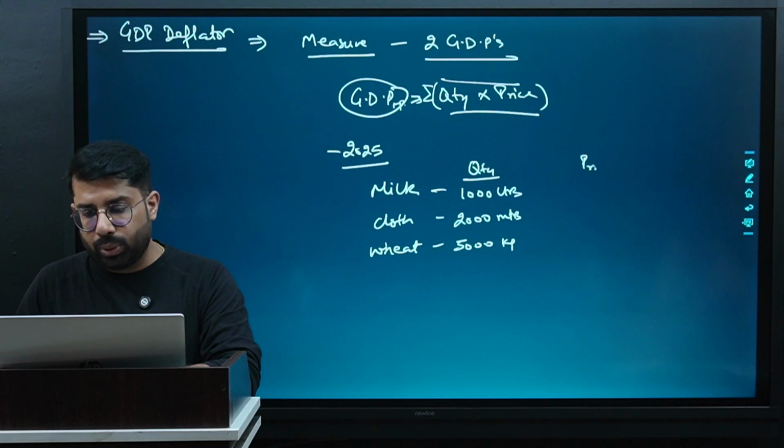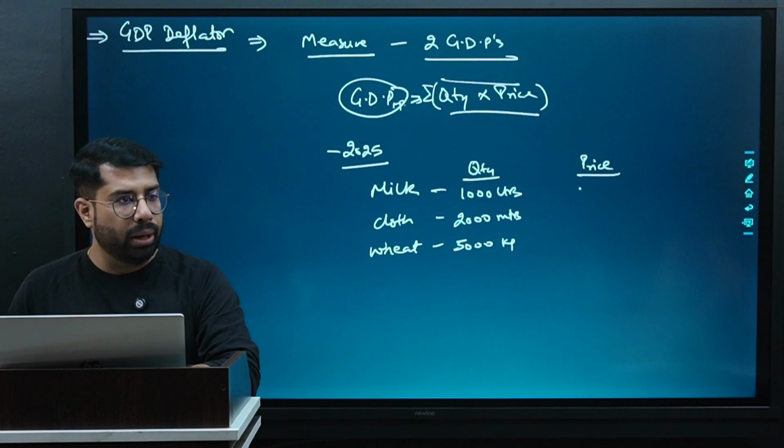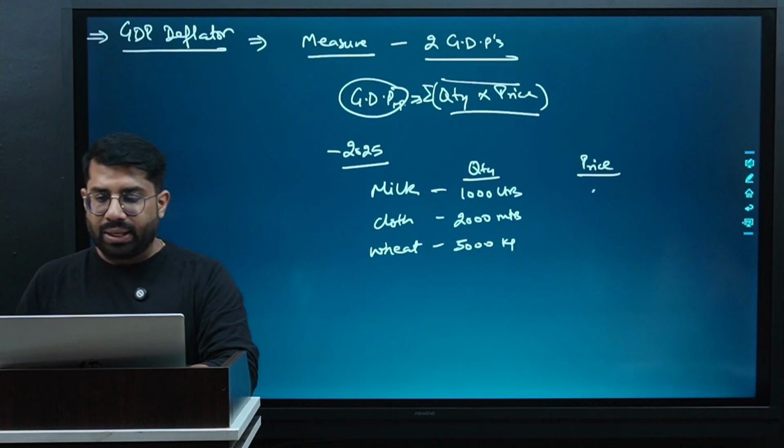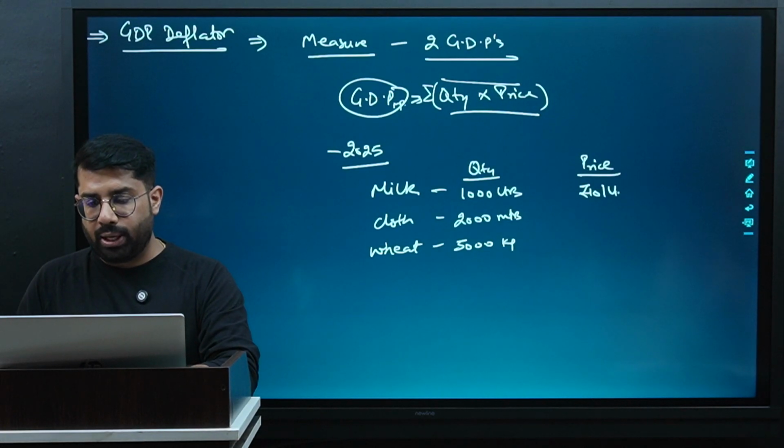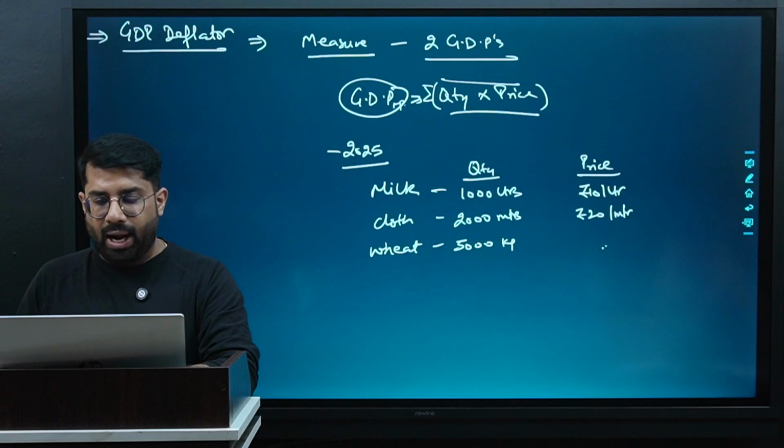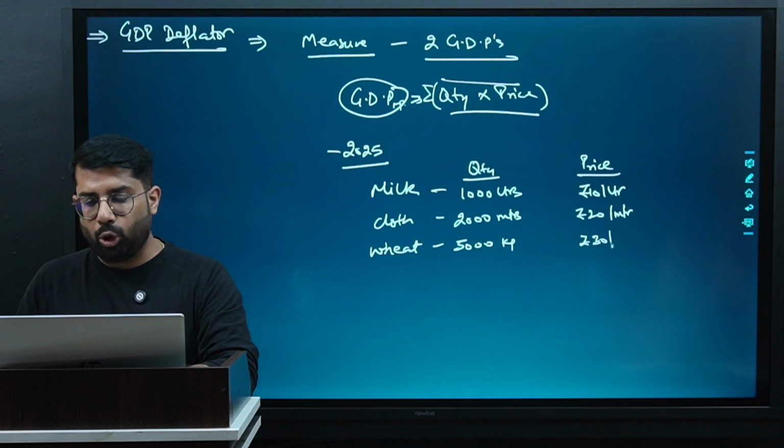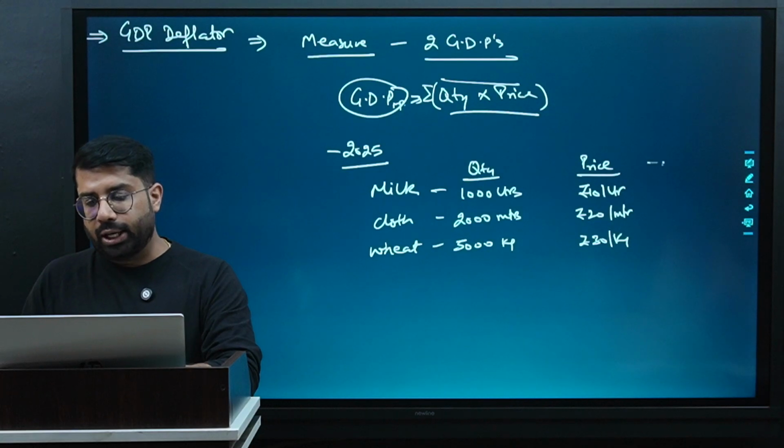You will see that what is the current price of milk, cloth and wheat. Milk, let us say, is 10 rupees per liter. Cloth, let us say, it is 20 rupees per meter. And wheat, let us say, is 30 rupees per kg. In that case, what will be the value of these commodities?